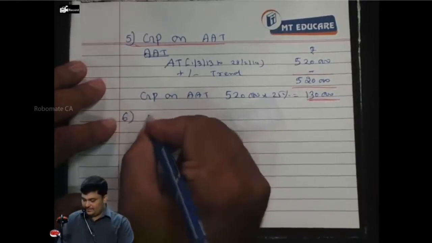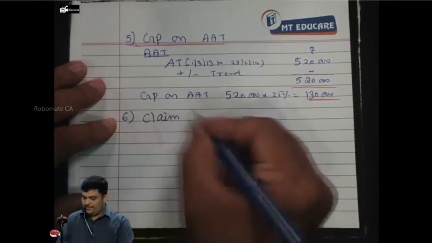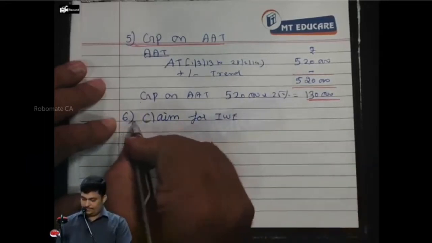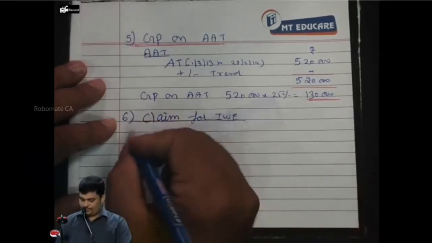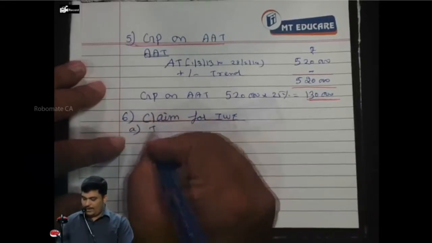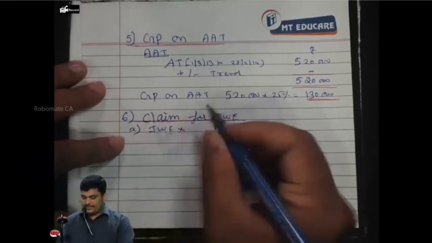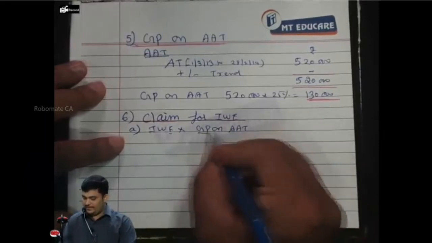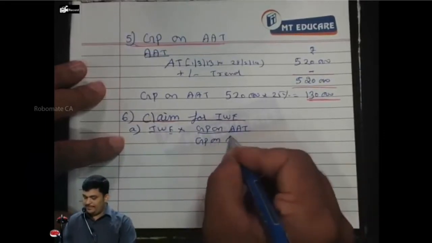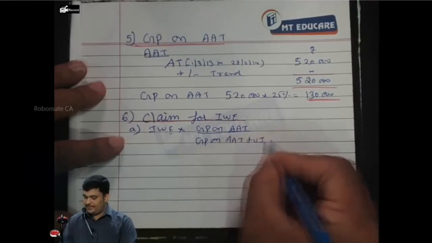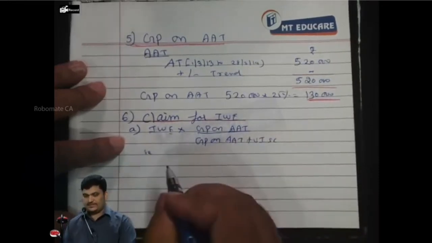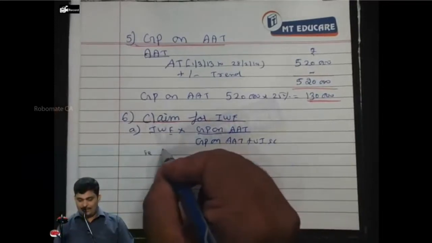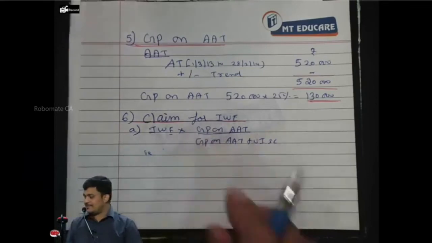Step number 6: Claim for IWE, increased working expenditure, into GP on AAT divided by GP on AAT plus uninsured standing charge. That is, what is the expenditure we have incurred?